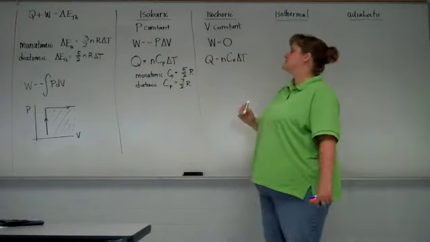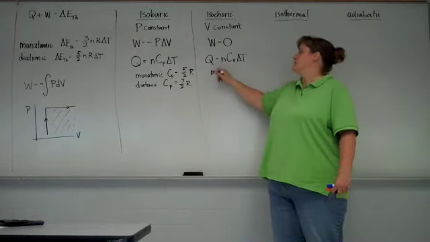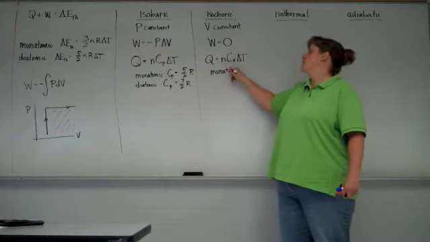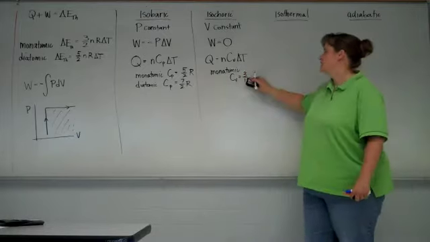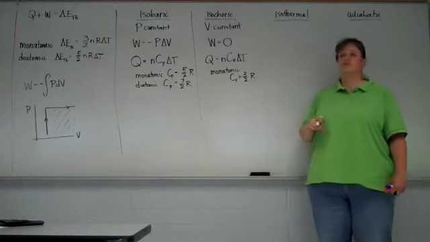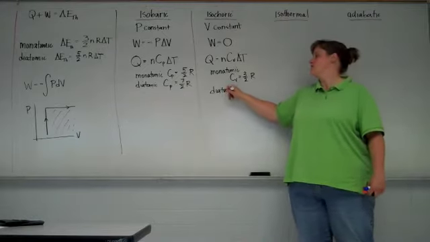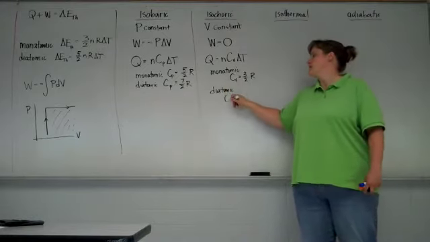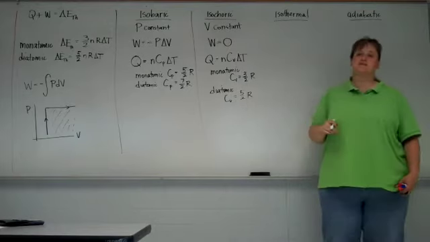We write it as this: Q is equal to n times Cv delta T, where Cv is 3/2 R for a monatomic gas, and 5/2 R for a diatomic gas.